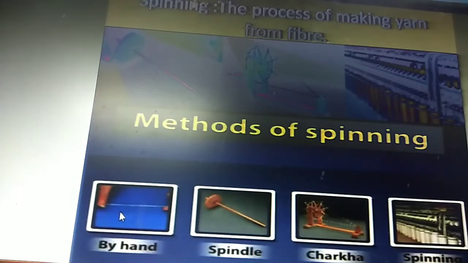See, four pictures are given. Making fiber into thread by hand is called spinning. The process of making yarn from fiber, that is, fiber is converted into a thread-like structure, may be by hand, spindle, charka or spinning machines. Nowadays they use machines to make the thread.